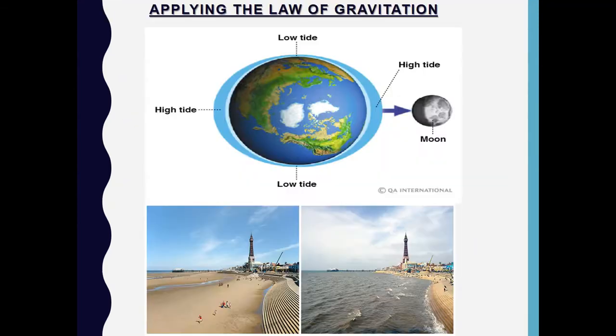Here is the moon. Today we will focus only on the pull of the moon. The moon is exerting a force on the earth to pull the earth towards it. We will focus only on this, because the other one we already talked about.